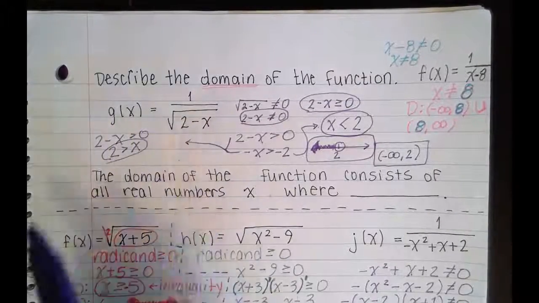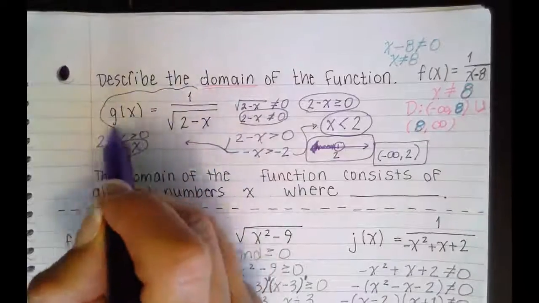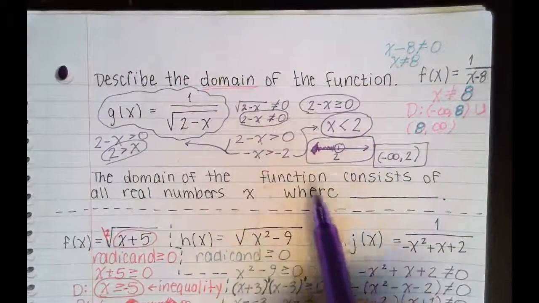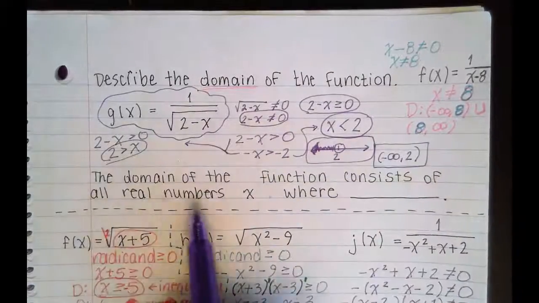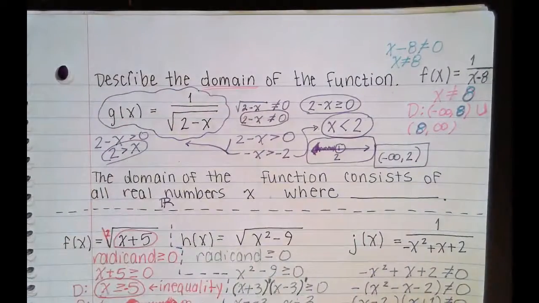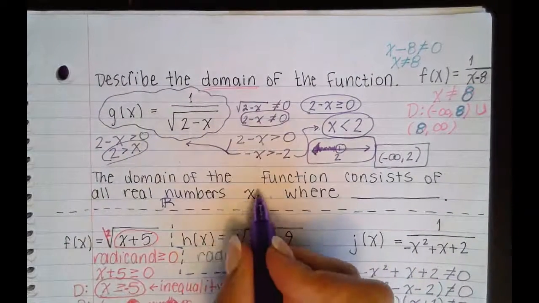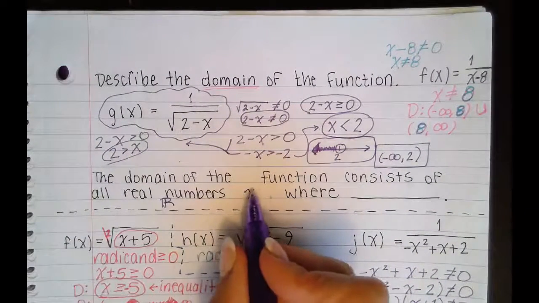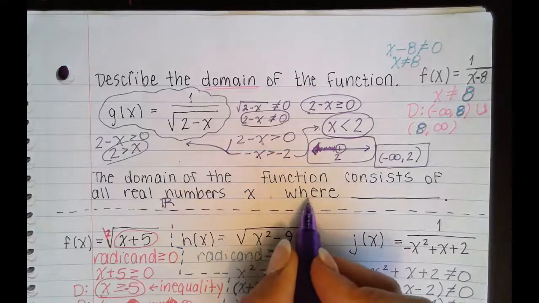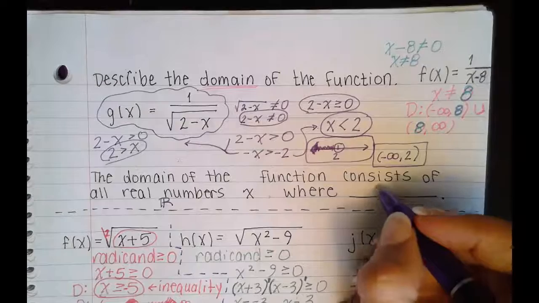Where what? Well, where x is less than 2. That would be fine. Maybe you write some other fancy notation, x such that x is in the interval negative infinity to 2, but what we have written right there is totally fine. Okay? So that is a quick little lesson and explanation on domain.